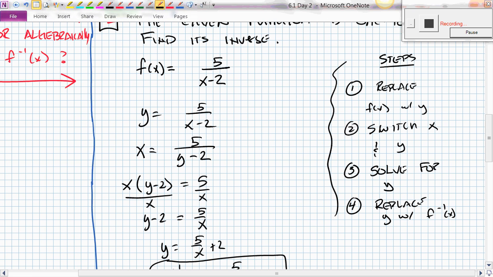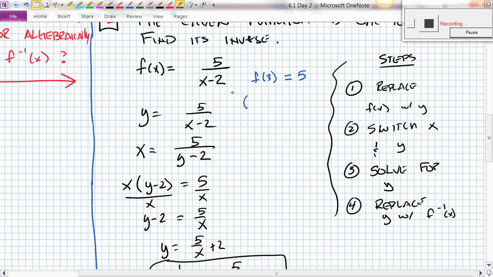I want to show you something with this. If I plug 3 into my original function, what is f of 3? Yes, 5, because 3 minus 2 is 1.